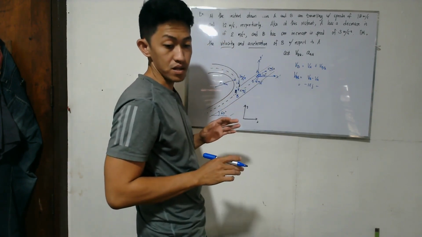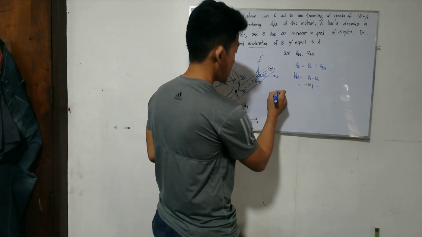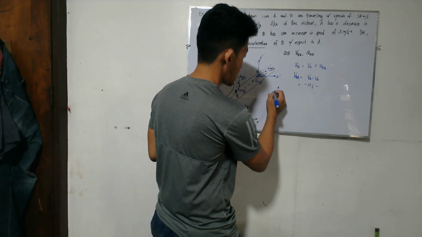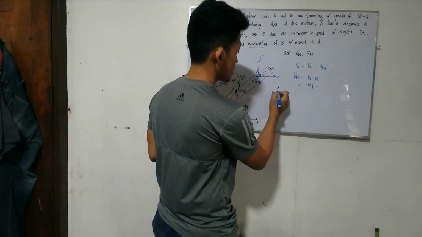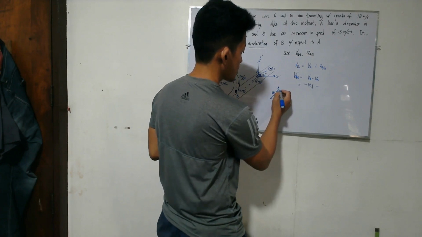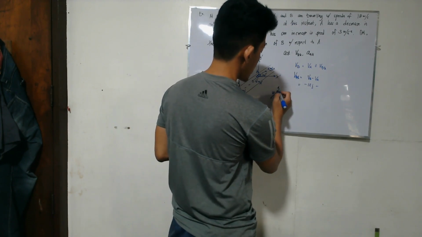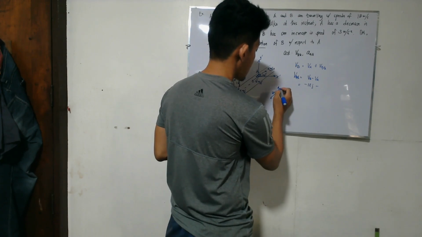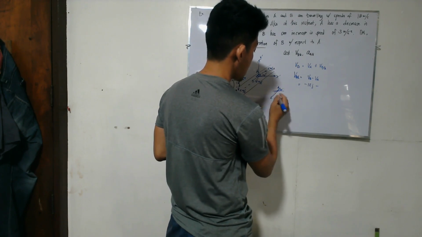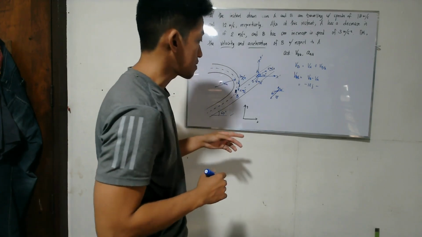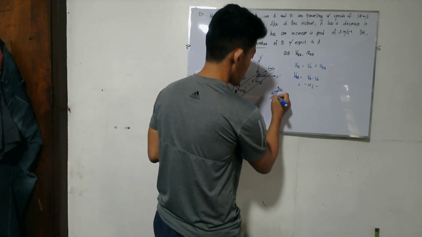Ito yung i-resolve karon into x and y components. So A is 18, and this is 60 degrees.